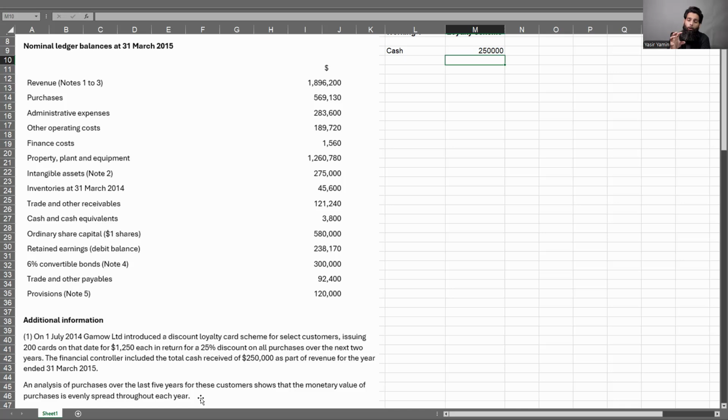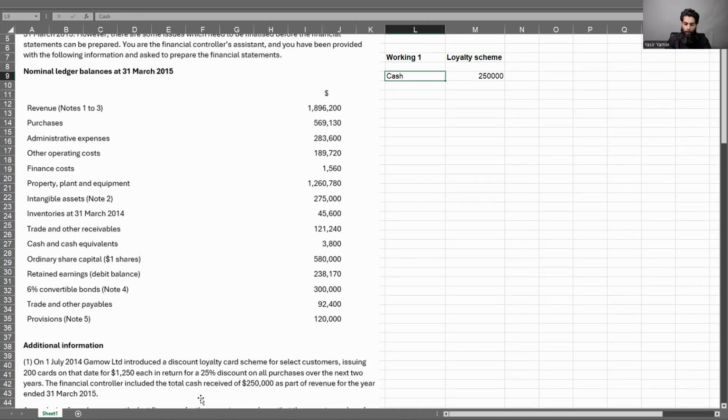Your financial controller says, "No, entire $250,000 is our revenue right now." Is that correct? No. I can easily write, and I want your feedback: revenue of these cards should be recognized over the next 2 years when the performance obligation is satisfied.